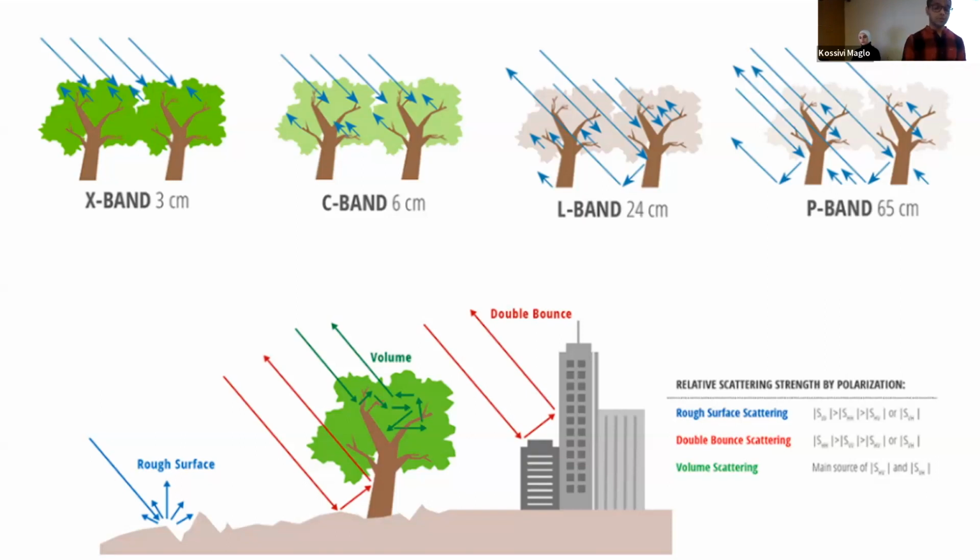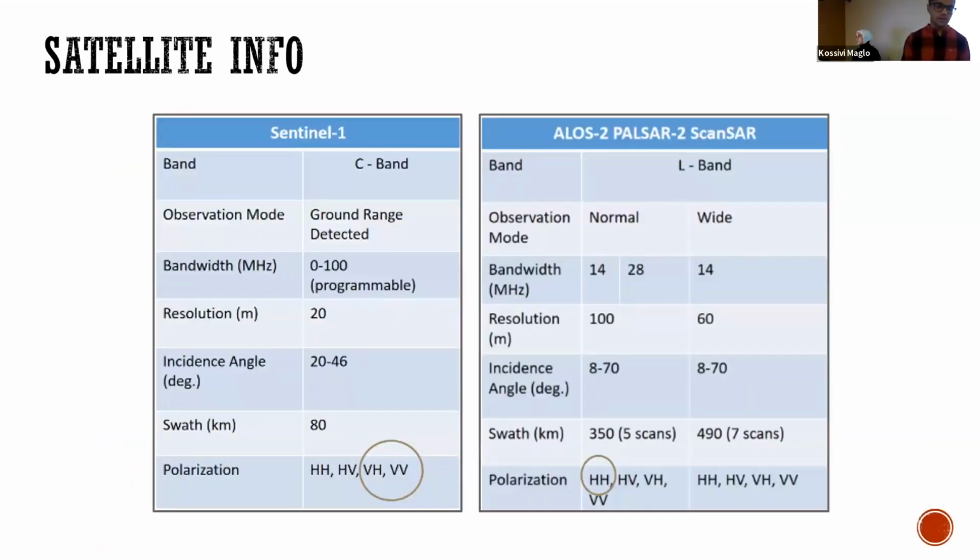And then in our conclusion, we will go over which polarizations perform best for our specific project and why. This is just some quick specs about the two satellites that we use, Sentinel-1 and ALOS PALSAR-2. I just highlighted those because we used VV and VH polarizations for Sentinel-1, and then we used the horizontal, aka HH polarization for ALOS PALSAR.